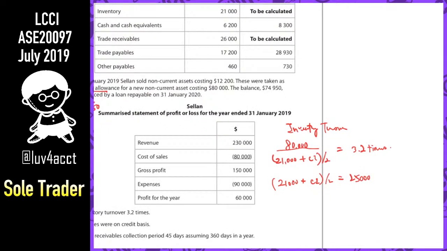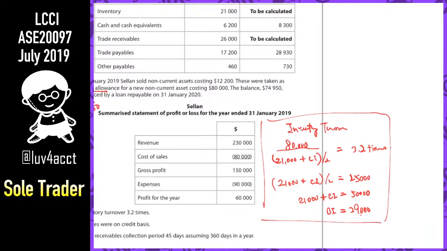Then multiply by 2, so 21000 plus closing inventory is equal to 50,000, and then closing inventory equals 29,000. One working done.